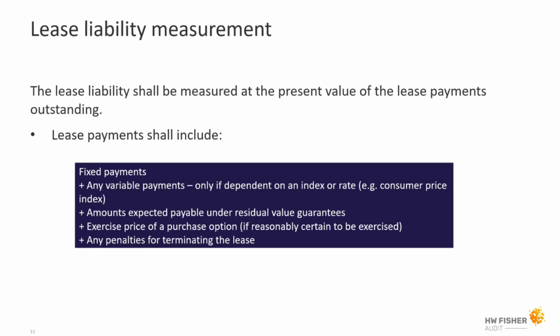So there's the fixed payments first, that's your starting point, but then it's considering, does the lease agreement, does the contract have any other variable payments that should be included? And those are going to be something around the ones we note here.